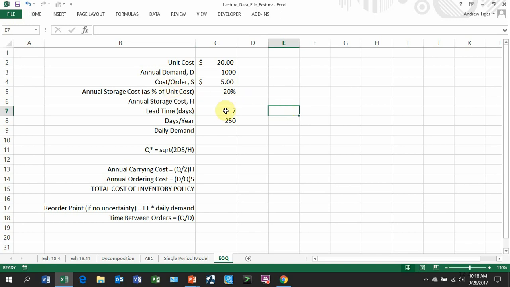The cost of carrying one unit for a year is 20% of the unit cost, so we can calculate that. So the annual cost of carrying something for the year, so if I had one item and I put it up on a shelf, first of all, I've got to have the shelf to put it there.